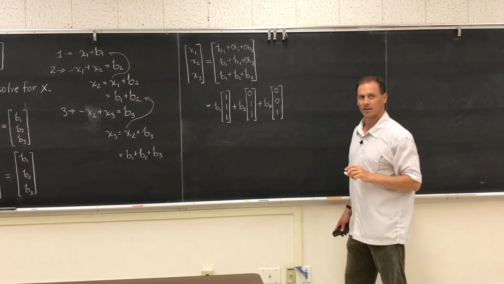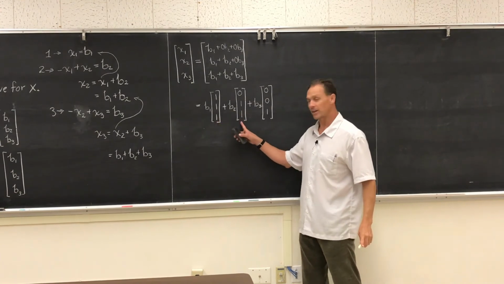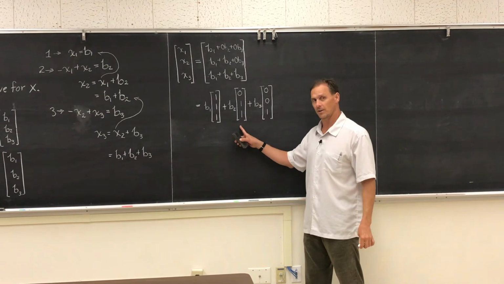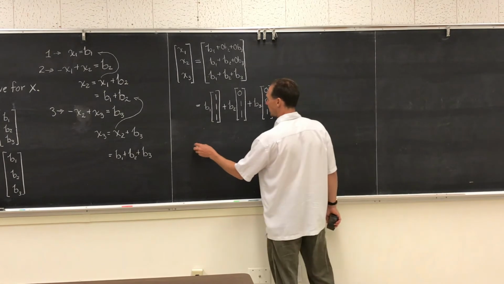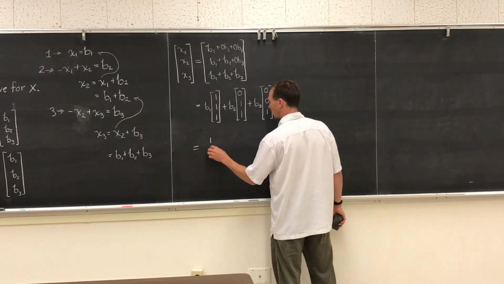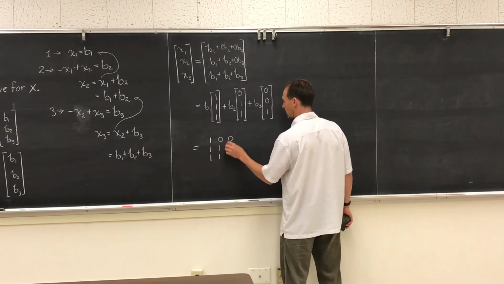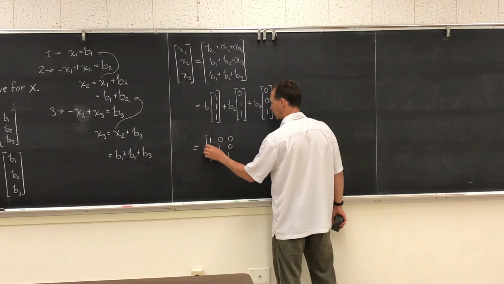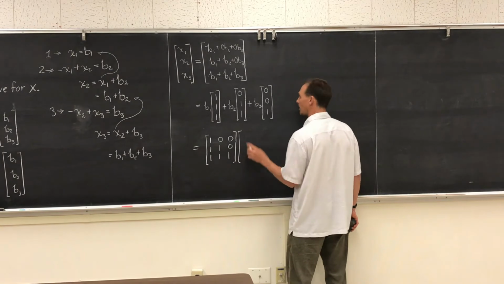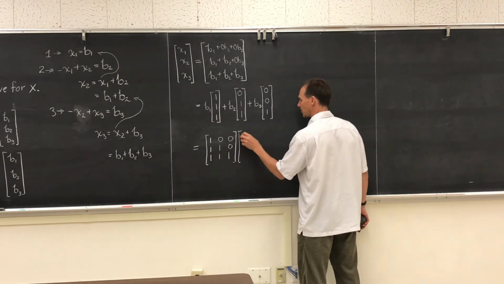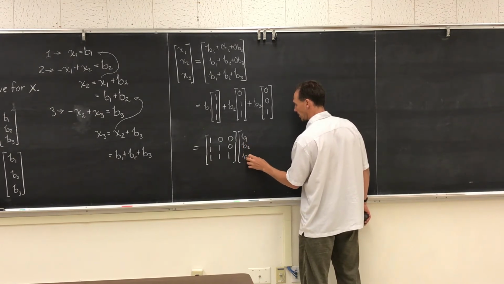Oh, but look at this. If you remember, this is a linear combination. The column vectors become the columns of the matrix. The coefficients become the vector. So this is 1, 1, 1, 0, 1, 1, 0, 0, 1. There's my column vectors as columns of the matrix times the vector of coefficients B1, B2, B3.